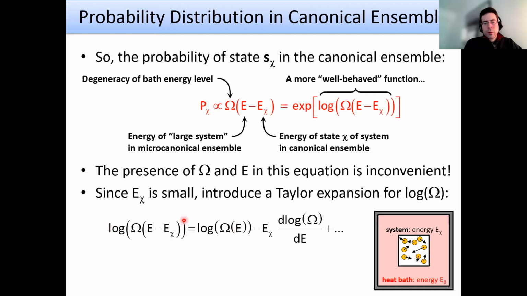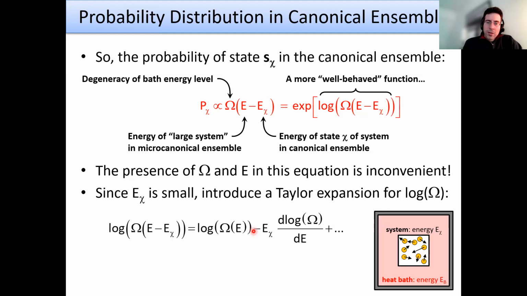So the Taylor expansion tells me that this logarithm of this thing is equal to logarithm of omega evaluated at E, right? In the zeroth order approximation, E chi is equal to 0, minus E chi times the derivative of this log, this function that I want to approximate, over the energy, plus higher order terms.